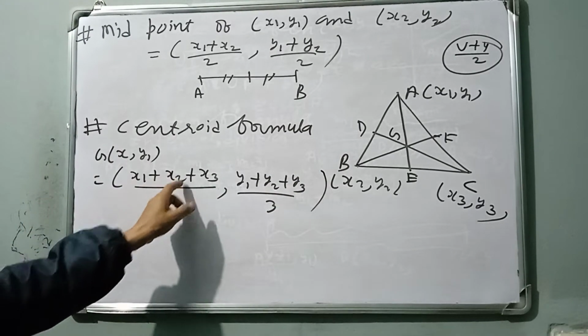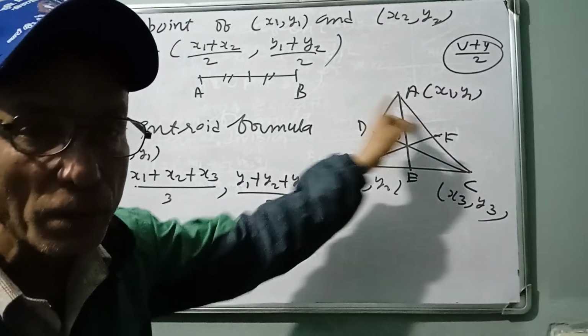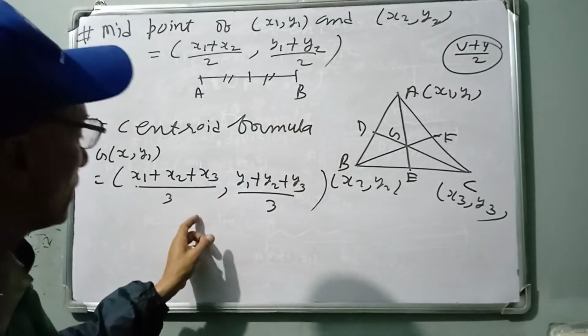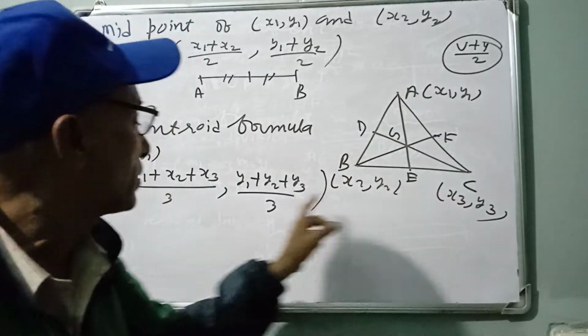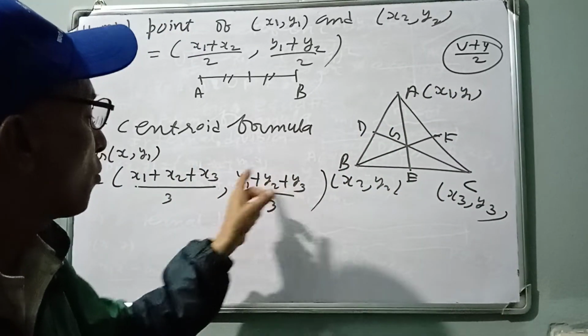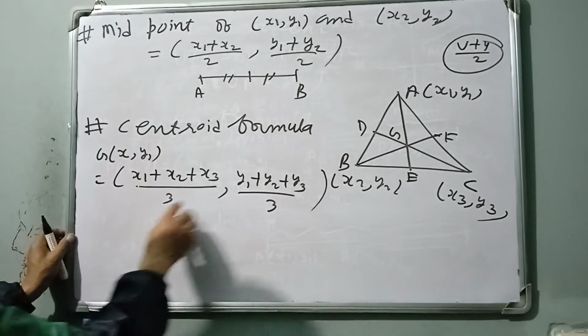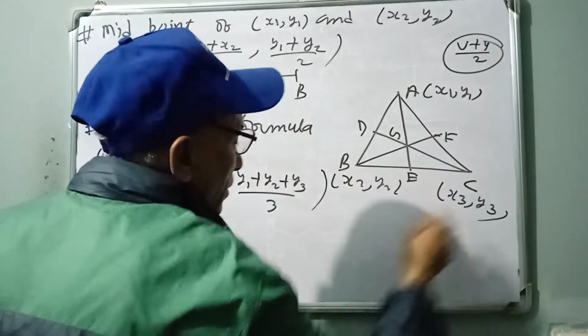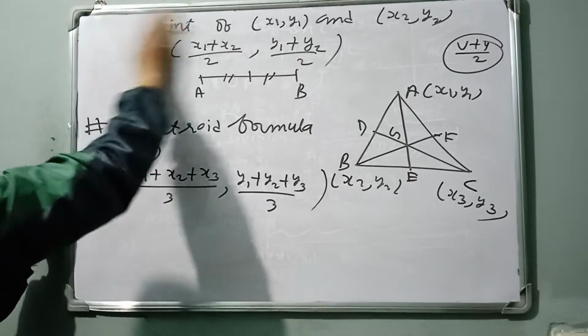Just like x1 plus x2 for two points, x1 plus x2 plus x3, sum of the x coordinates by 3, comma y1 plus y2 plus y3 by 3, sum of the y coordinates upon 3. X coordinates सबै जोड्ने, divide by 3. Y coordinates सबै जोड्ने, divide by 3. Midpoint formula, centroid formula.